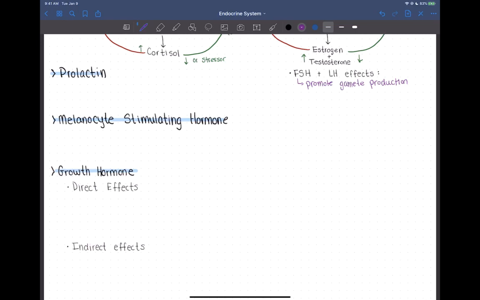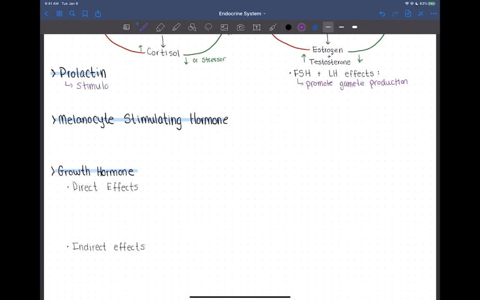The first one is going to be prolactin. Think of this part of the word, lactin, kind of sounding like lactate, and that's actually its function. Prolactin stimulates milk production.